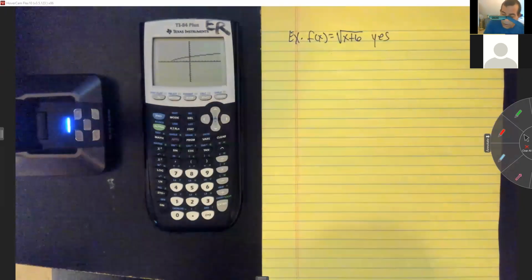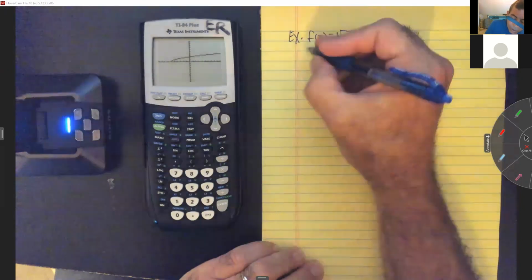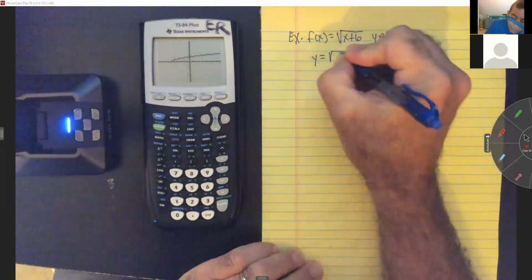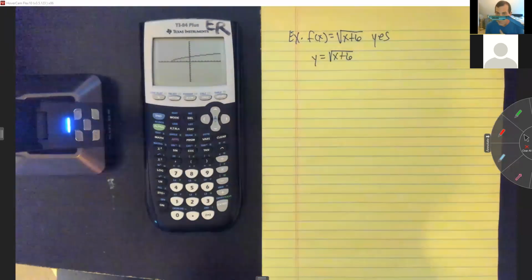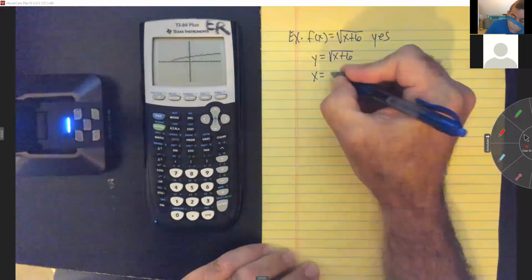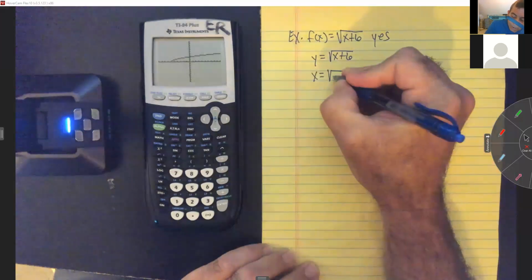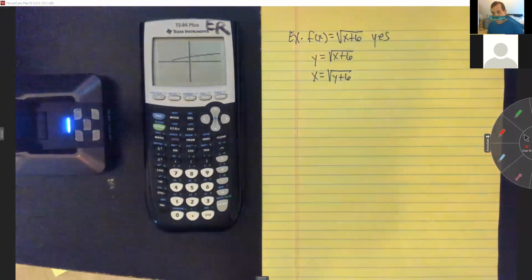So what we're going to do, replace f of x with a y. So we get y equals the square root of x plus 6. Switch the x and the y so that we get x equals the square root of y plus 6. Now I got to solve that for the y.